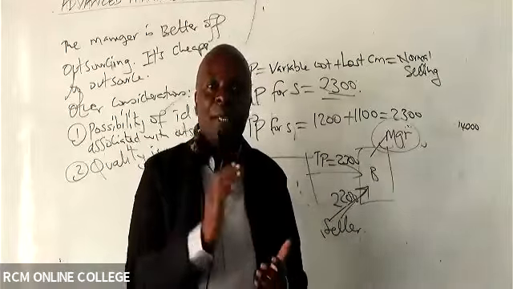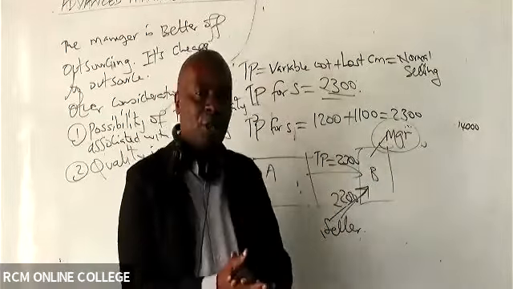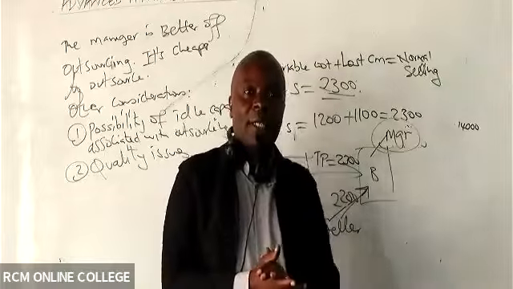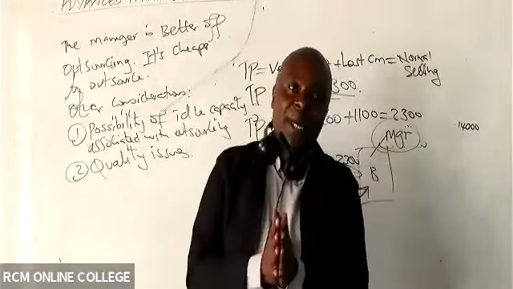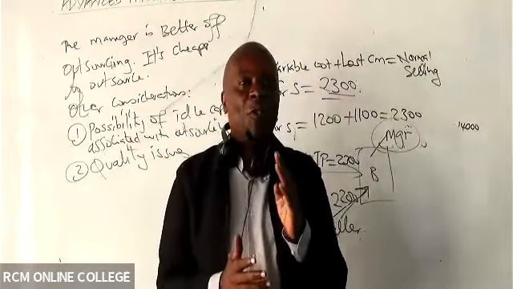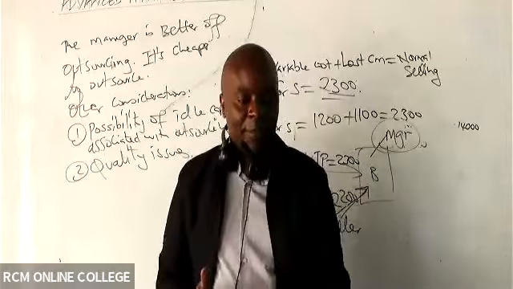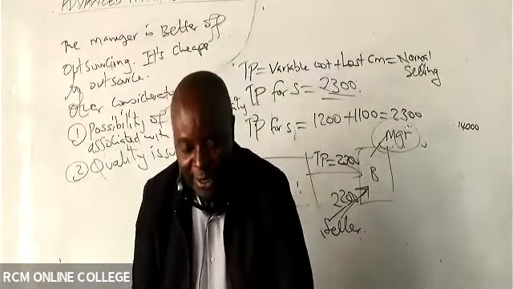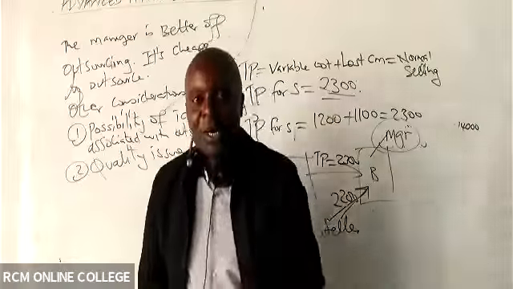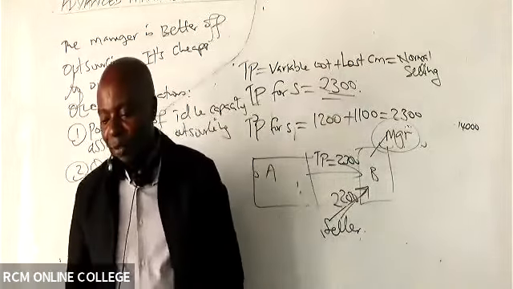The other one which never misses whenever they bring us this kind of question are the advantages or objectives of transfer pricing. Could you kindly give me like 4 of them? Transfer pricing objectives.